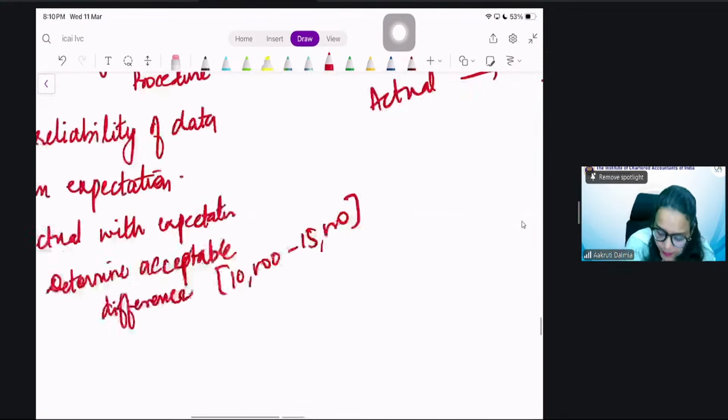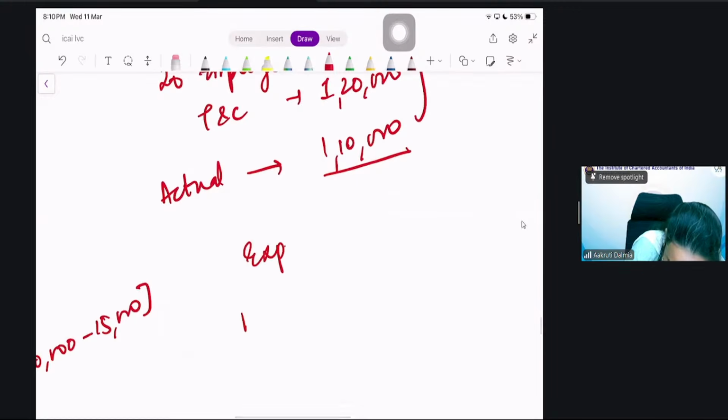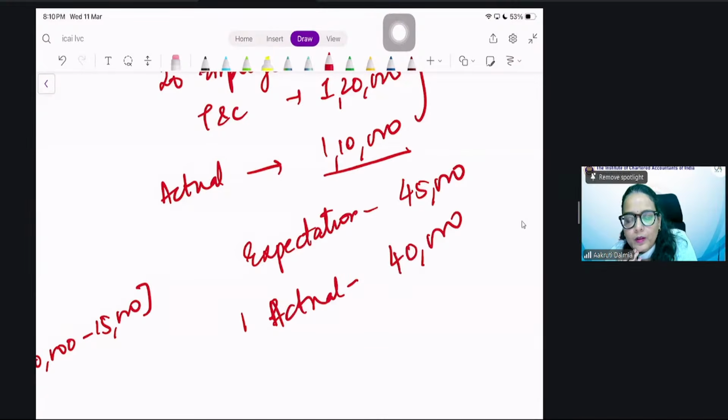Okay. If your expectation of rent is 45,000 rupees and actual rent paid is 40,000 rupees, is this difference acceptable to you? Write it down. Is it possible that this tolerable difference can be different from CA to CA?